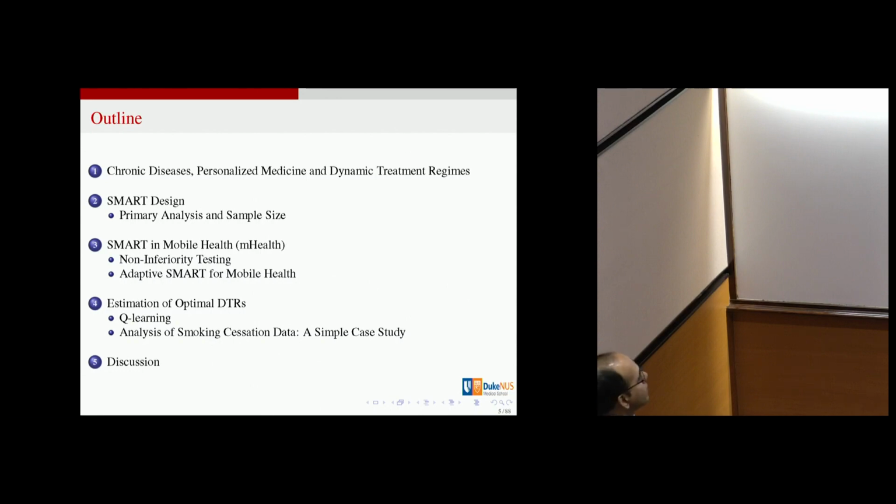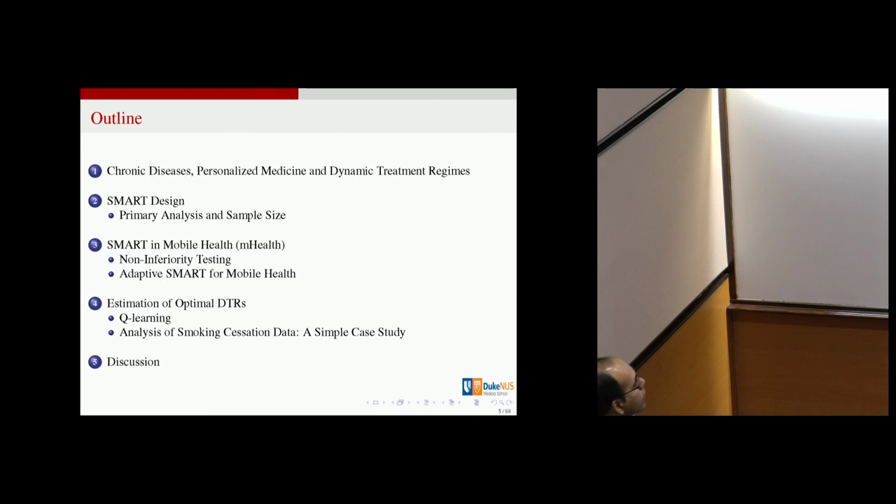And then in particular, I will talk about a little bit of application of SMART, or the special issues that arise in the context of SMART design when applied to a mobile health setting. In that context, I'll talk about non-inferiority testing and some adaptive randomization kind of concepts in SMART.